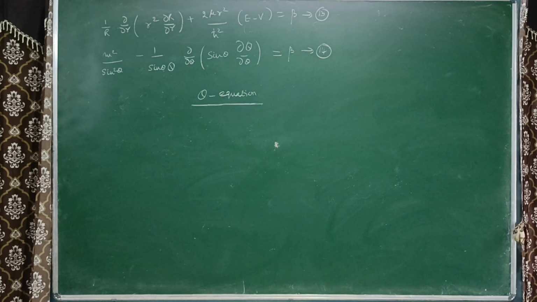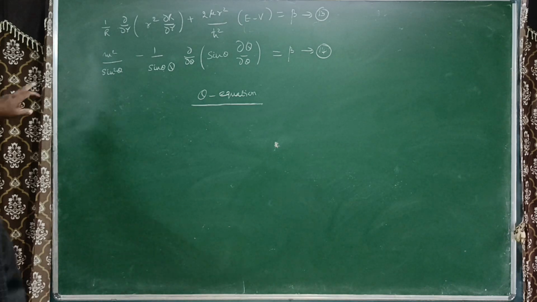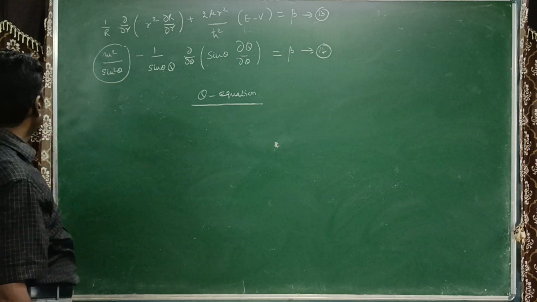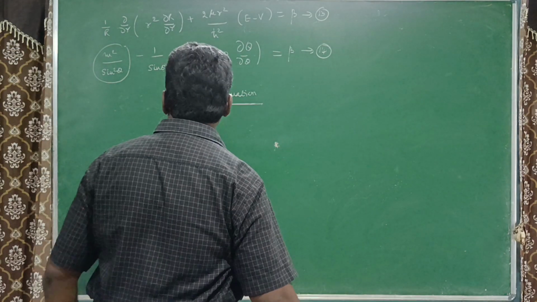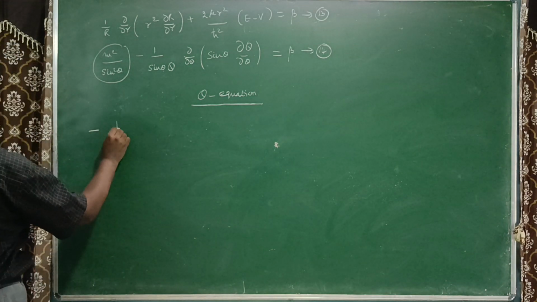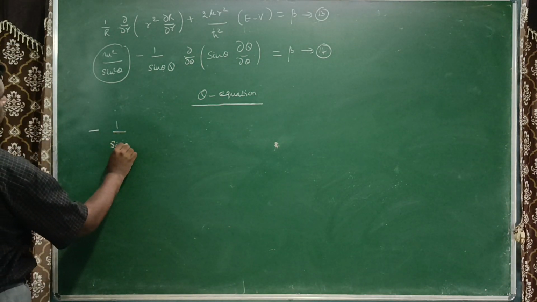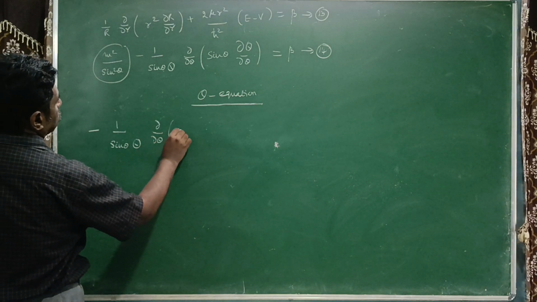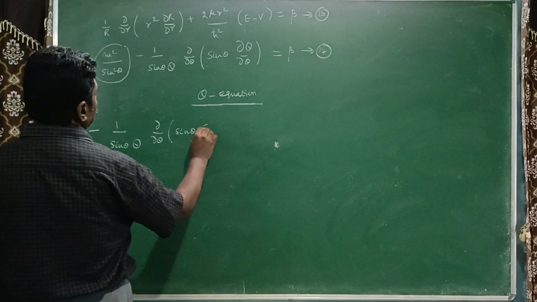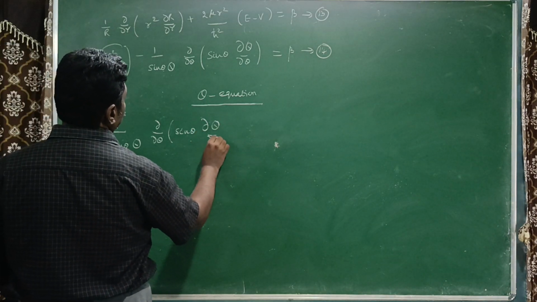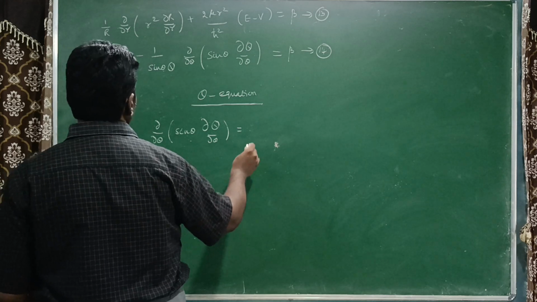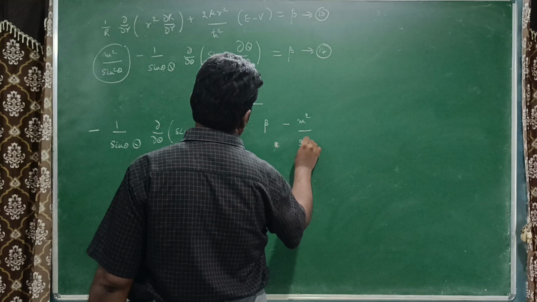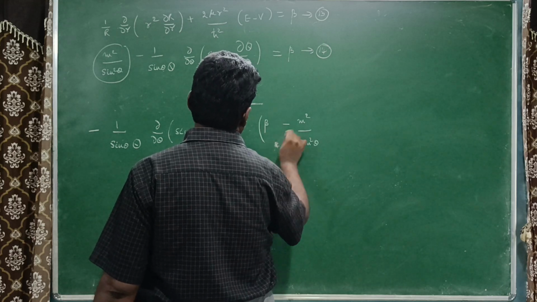To get the theta equation, take equation 14 and shift the term m square divided by sin square theta to the right hand side. You get minus 1 divided by sin theta into capital theta, dou by dou theta of sin theta, dou capital theta by dou small theta, which is equal to beta minus m square divided by sin square theta.